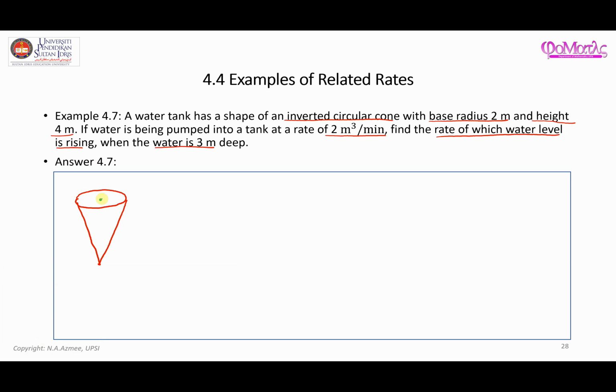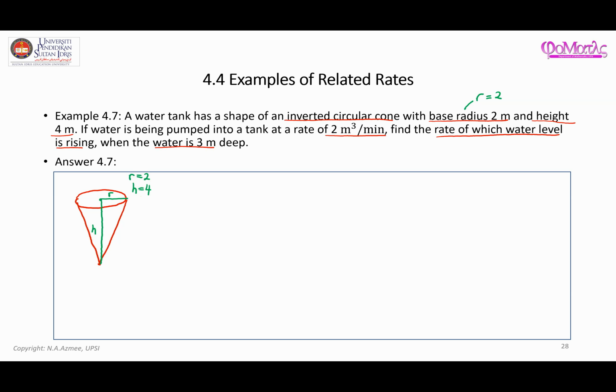We know that the radius here is 2 meters, so r is equal to 2. Once you take out the information, try to write it in mathematical expression so that it's easier to play around with later. Next, the height is 4 meters. So r is 2, height is 4, in meters.